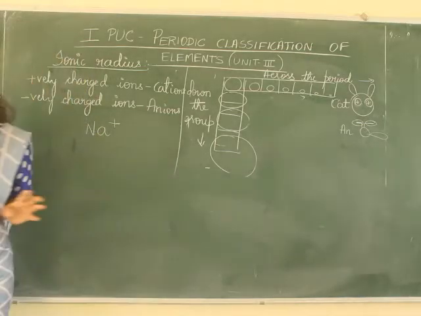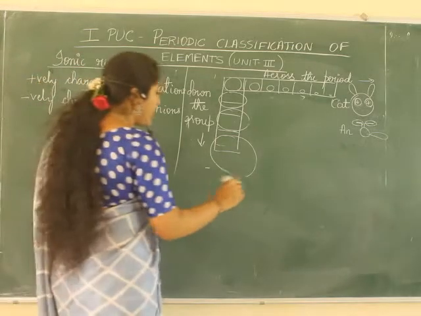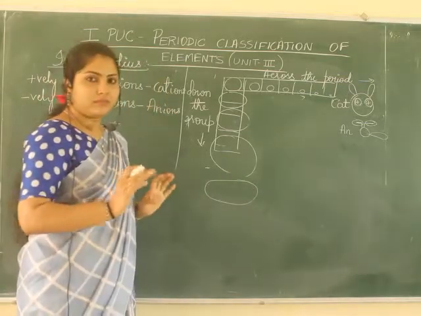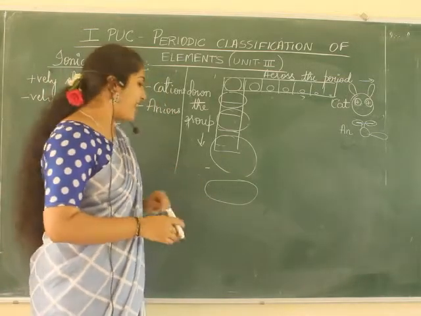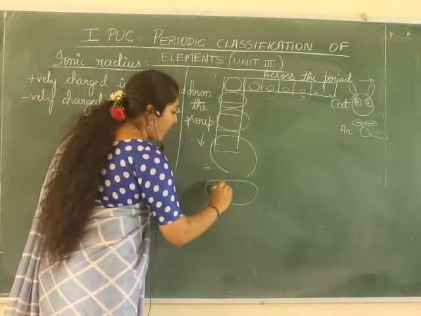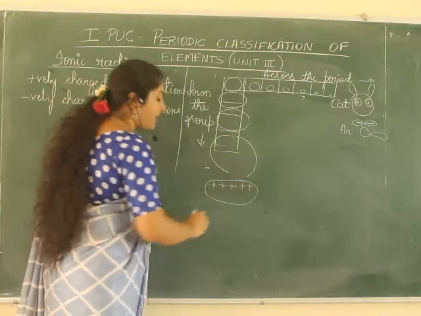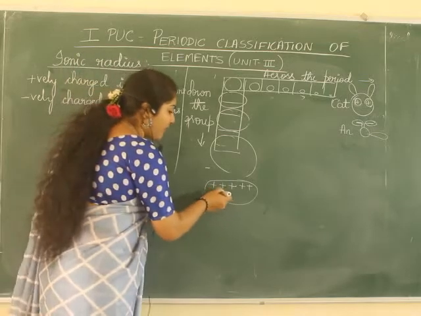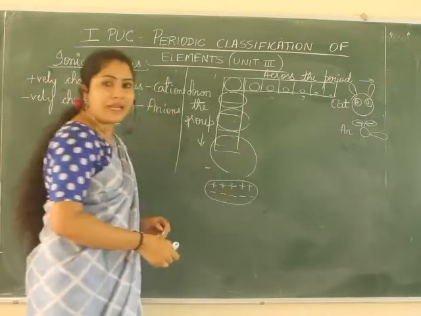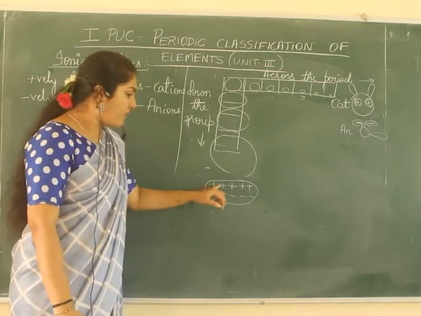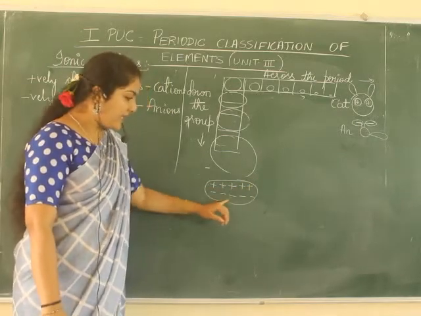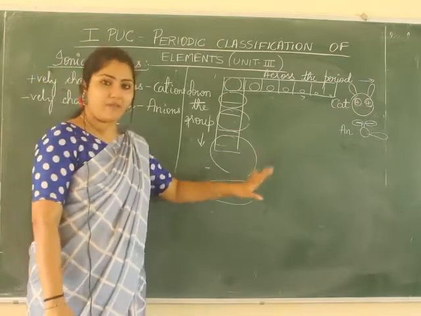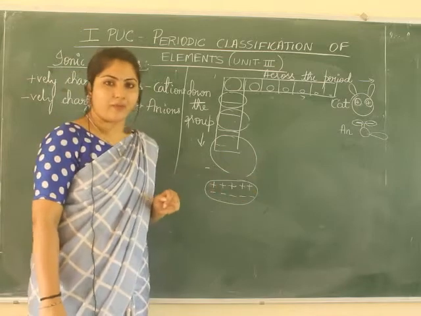So again, in a simpler way to understand, I will explain this again. Say in an atom, if you have all positive charges, then for a neutral atom, all the positive charges are balanced by negative charges. Clear? So, if suppose you say 5 positive charges, then 5 negative charges will be there.